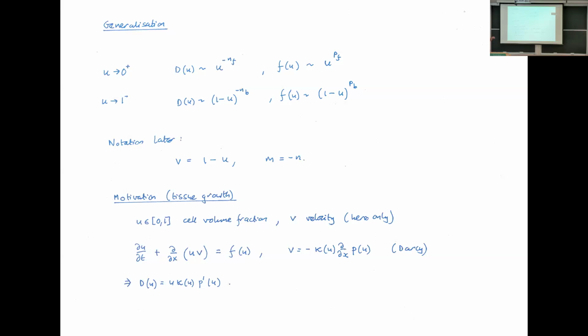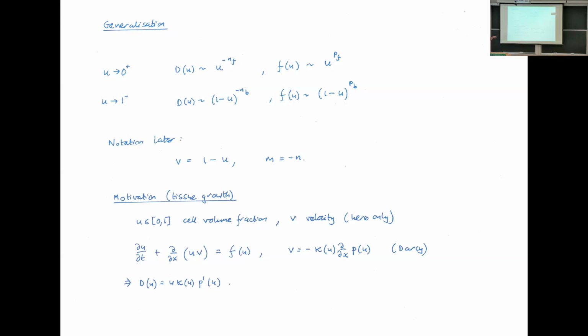But power laws in each case, P is typically always going to be positive because the cell division rate better not blow up. Although I should say there will be far too much information in this talk, but I did want to try and cover the whole story in some sense. I'll try and highlight the key points. So P positive is the most important case, but the N's can be positive or negative.